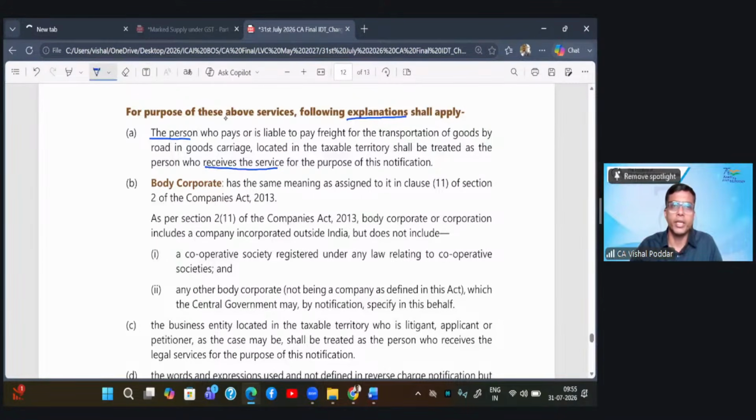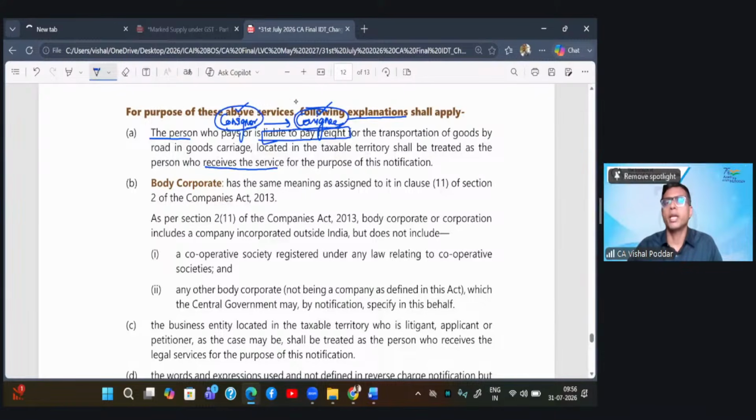Now in case of GTA, you all know there is a consignor and there is a consignee. So goods are sent by the consignor to the consignee. This is in GTA service. Now in GTA, we saw the tax is payable by the recipient, but who is the recipient, the consignor or the consignee? So it says whoever is liable to pay the freight. So if freight is payable by the consignor, we will treat the consignor as the recipient and the consignor will be liable to pay tax on GTA service under RCM.